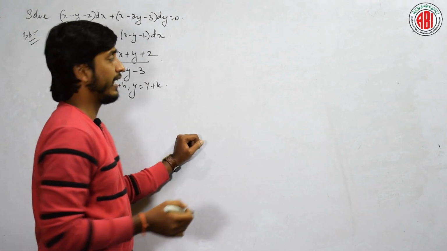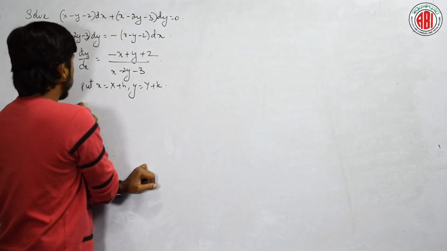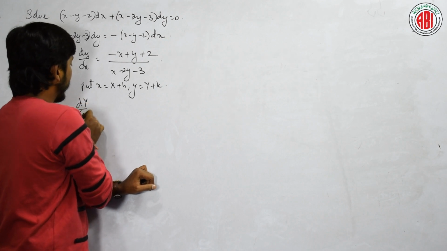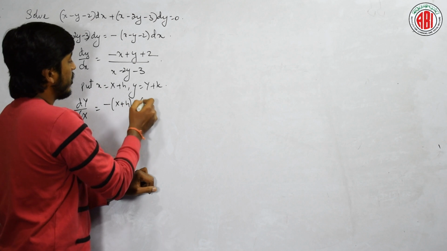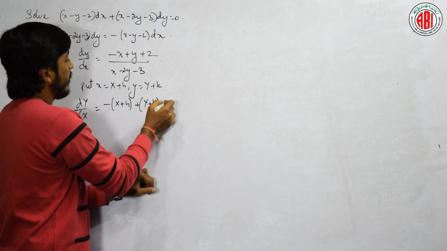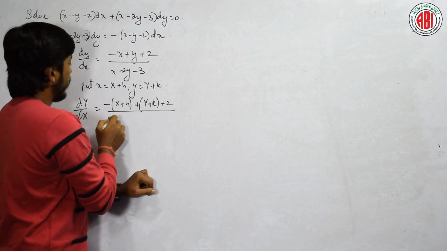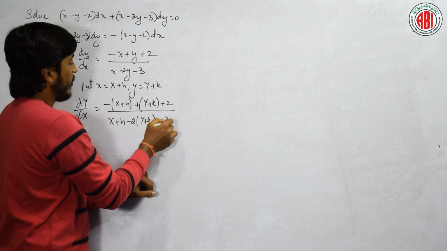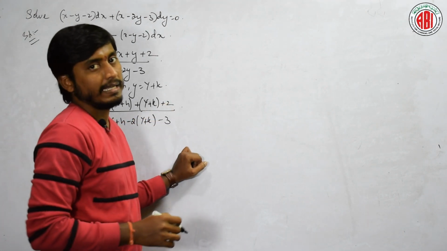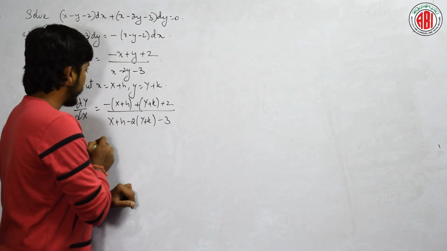So, obviously, we will get dy by dx is d capital Y by d capital X is equal to minus of (x plus h plus y plus k plus 2) by (x plus h minus 2 into (y plus k) minus 3), is it? Now let us simplify this.